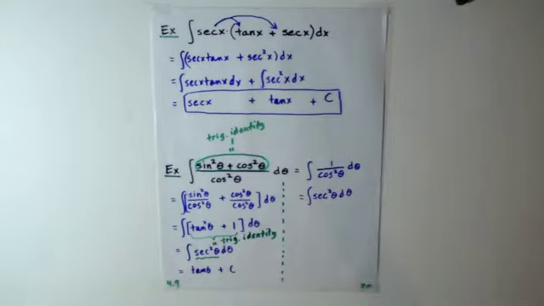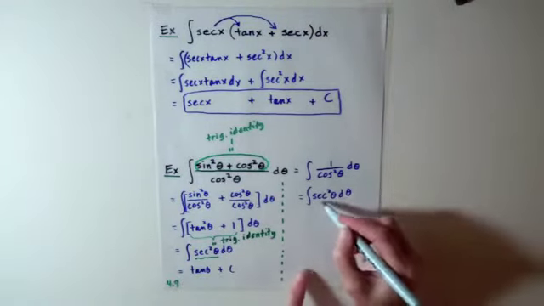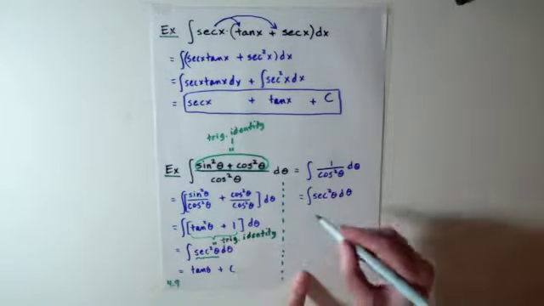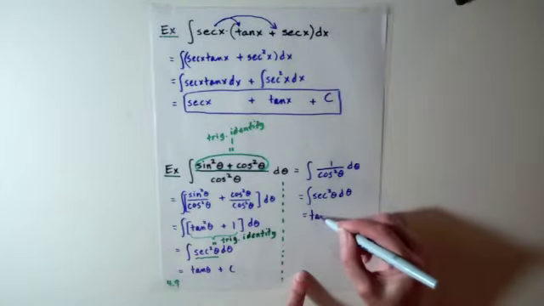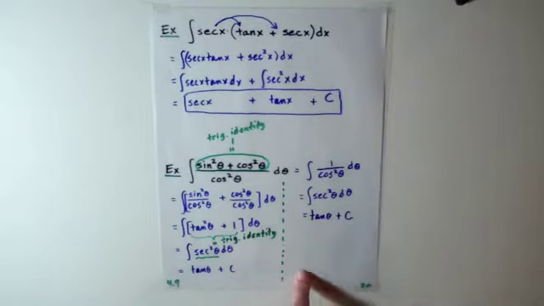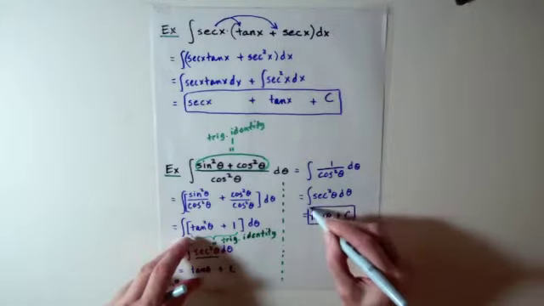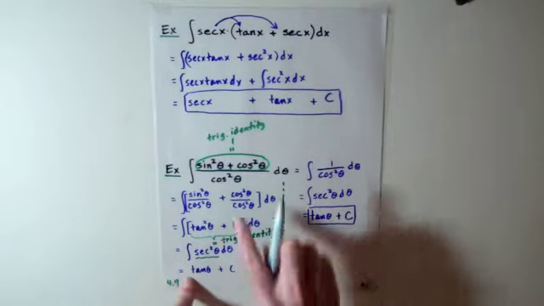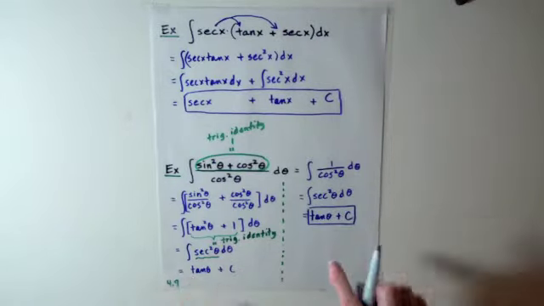So now all I have left after rewriting this a couple of times is the integral of secant squared theta, and that's exactly the one we did down here. We got to exactly the same function to integrate, and so I end up with tangent theta plus c. That would be a quicker way to do the problem, but you notice that we ended up with exactly the same answer. If you did it the other way, it's fine, but you can see this is a little bit faster.